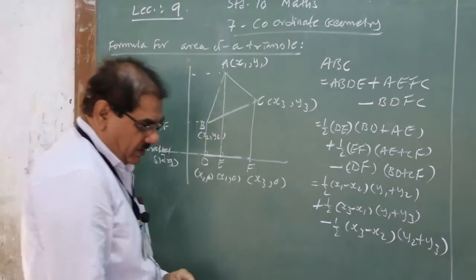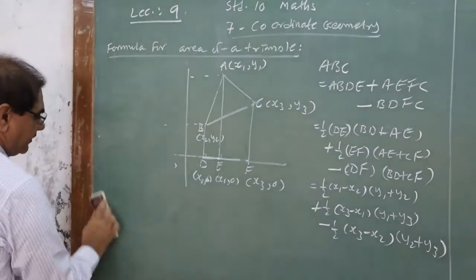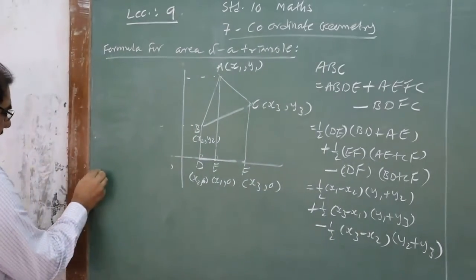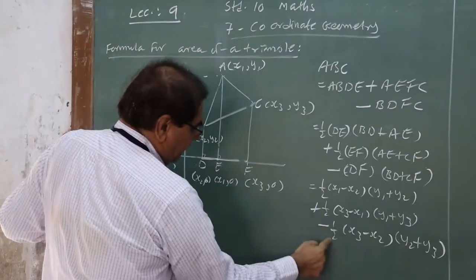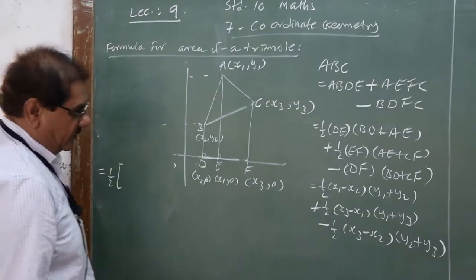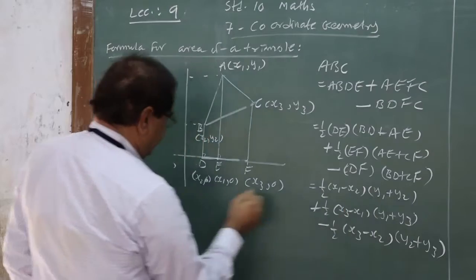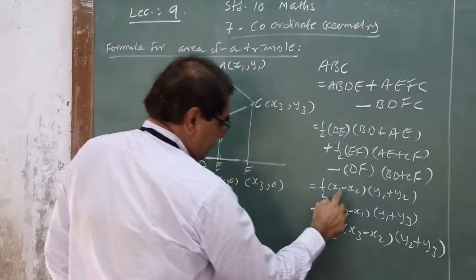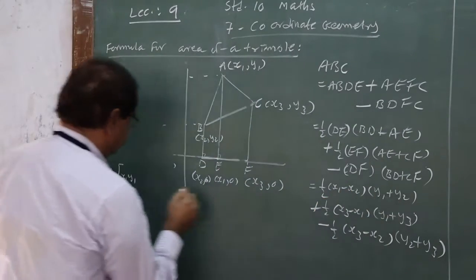Now we want to go for simplification of this, and that I do here. So it is equal to, see, in all the three terms 1/2, 1/2, 1/2 is common. So I take 1/2 as common. First of all, x1 y1 plus x1 y2.